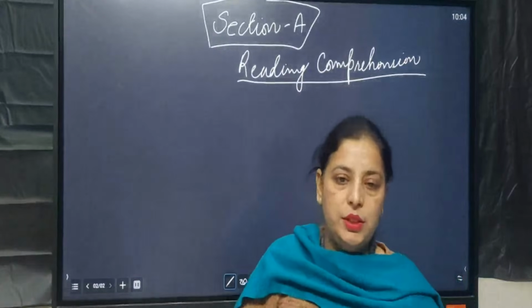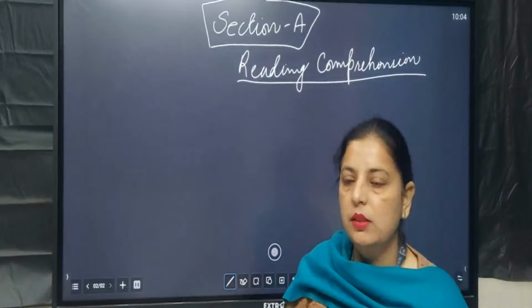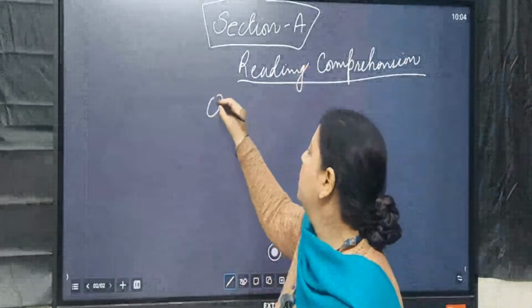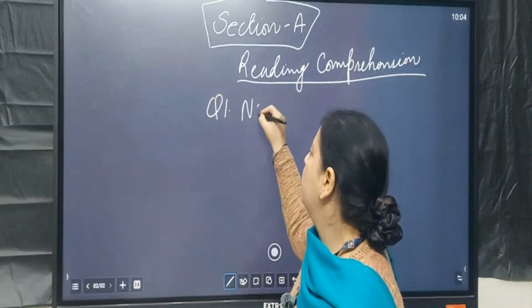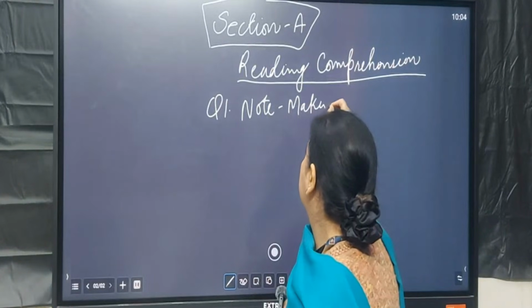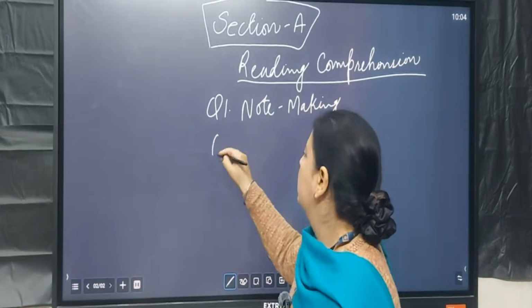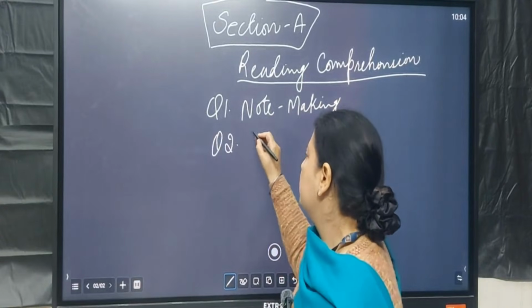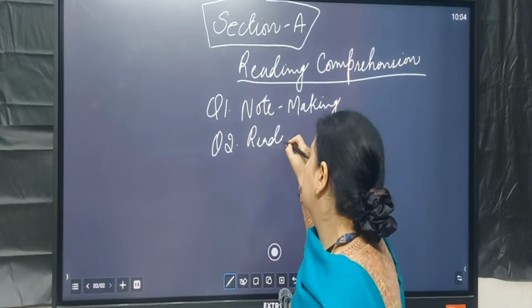So reading comprehension is of 20 marks. Question number 1 is note making. Question number 2 is reading comprehension.